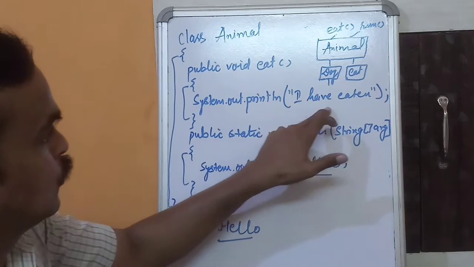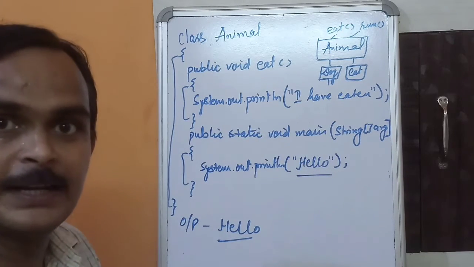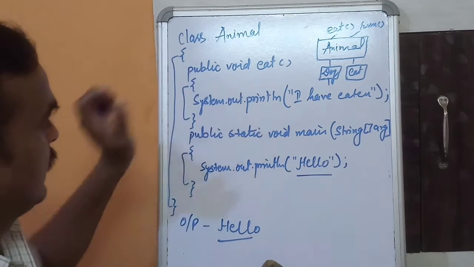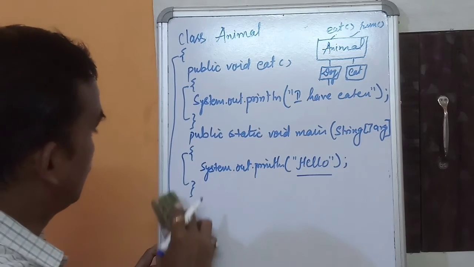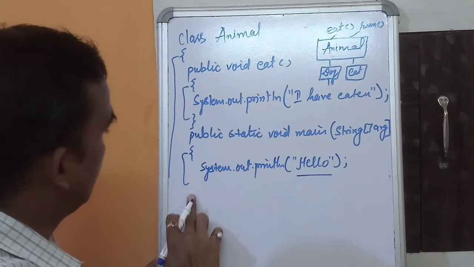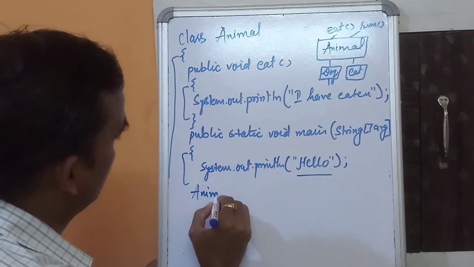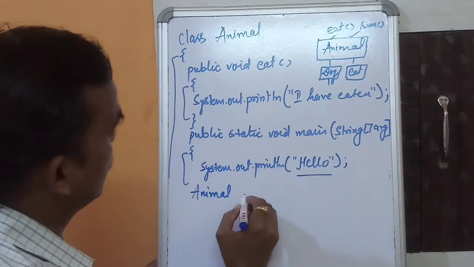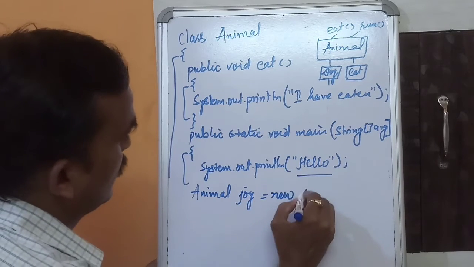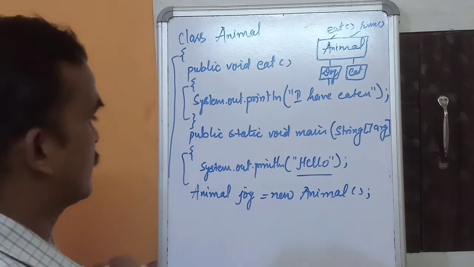Now if I want to print that statement, we have to create an object, because that is in a separate method. So how can we create an object? To create an object we use the class name, that is Animal, then the object name, suppose I have used Joy equals new Animal, that is our constructor name.